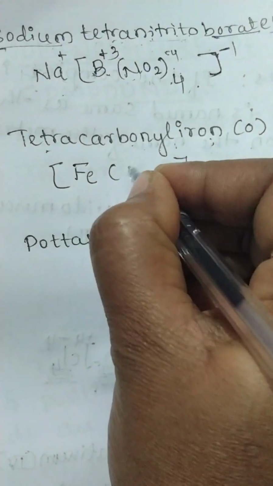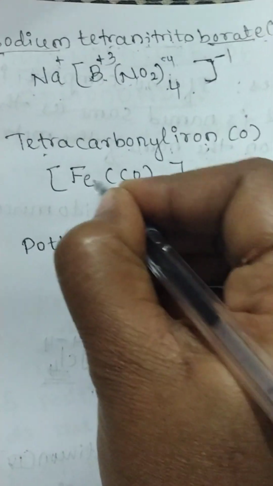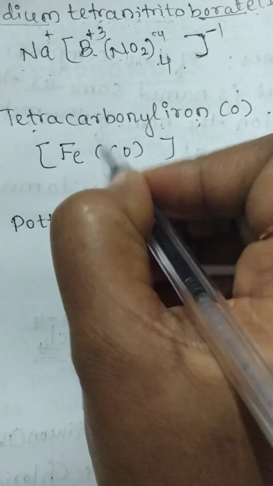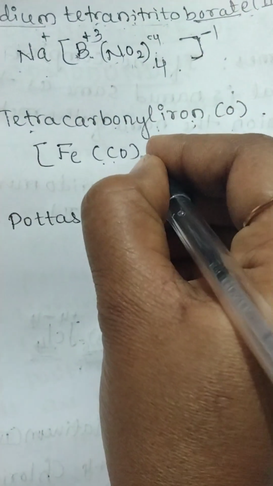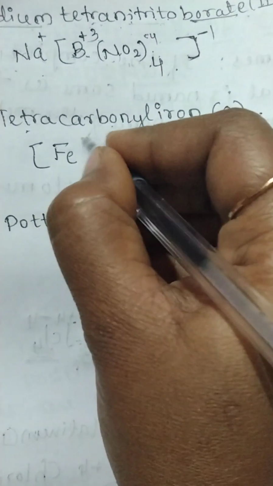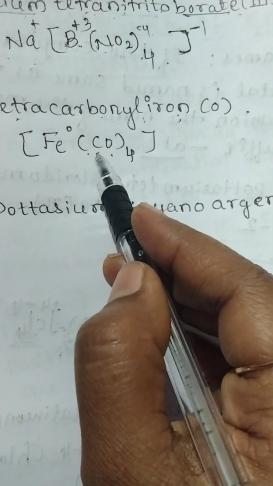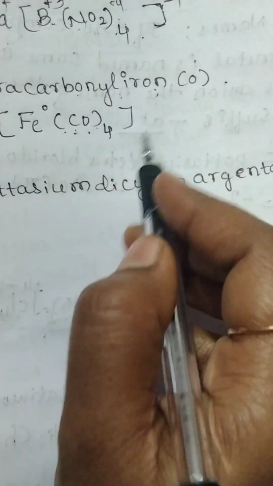Here the central metal is iron and the ligand is carbonyl. How many ligands are present here? Tetra, 4. So the iron charge is 0. It is a neutral ligand, so the charge of this ligand will be 0. It is a neutral complex.